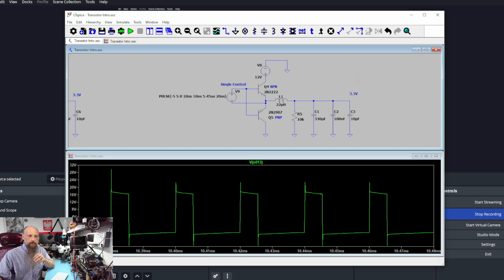In many cases, our Q5 is actually two transistors, and this particular configuration of transistors is very common on computer motherboards, to control the voltages supplied to the CPU.